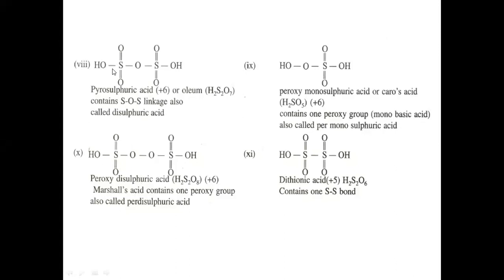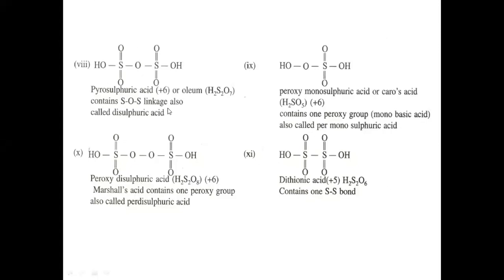Oleum. See this number of oxygens. 1, 2, 3, 4, 5, 6, 7. So this structure is a pyrosulfuric acid. In your textbook, there is a mistake in this structure. Instead of this structure, another structure is written here, so make a correction.